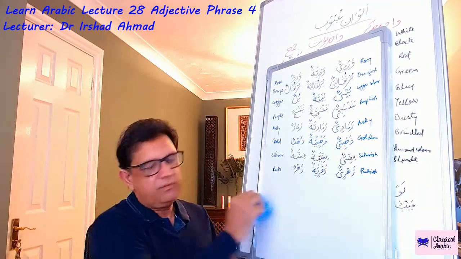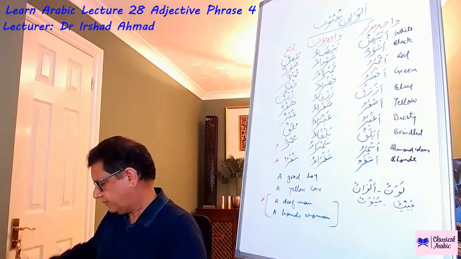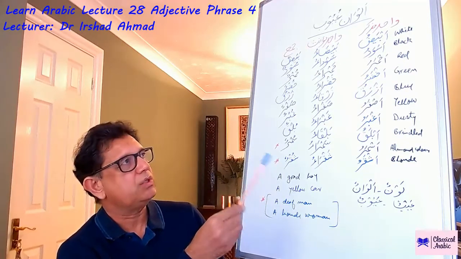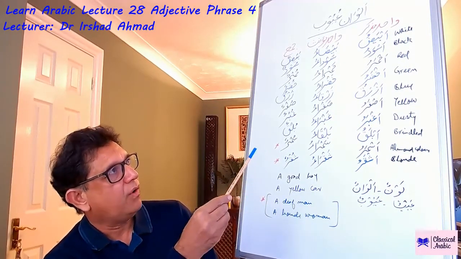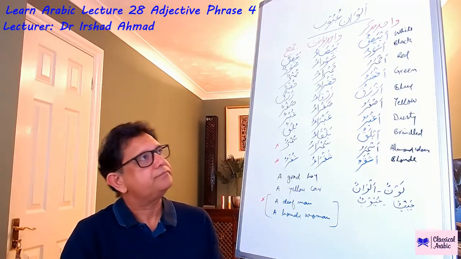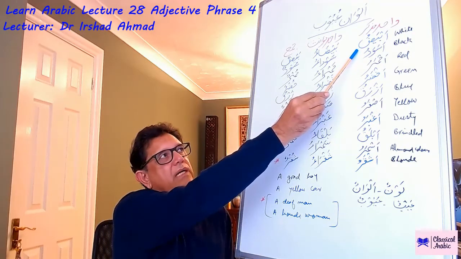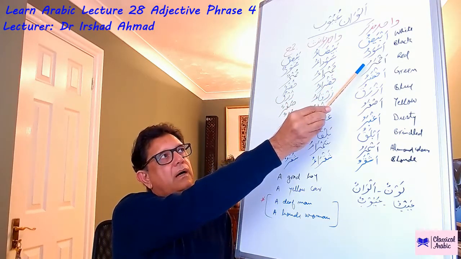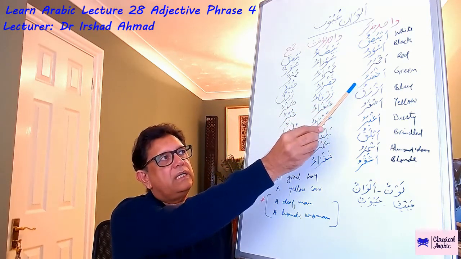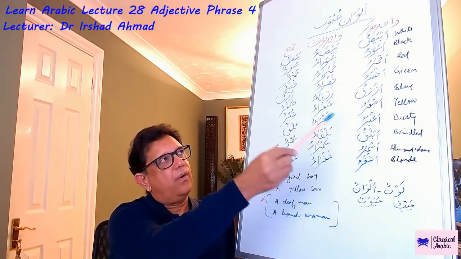Now let's move on to the other group of colors, which clearly fall into a different and unique pattern. So if we look up there, we've got for white abyadu, aswadu for black, ahmaru for red, akhdaru for green, azraku for blue, and so on.